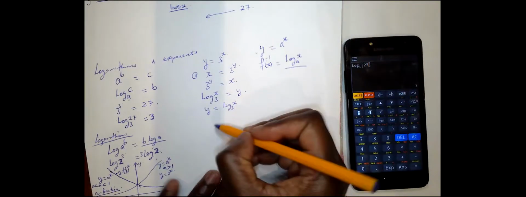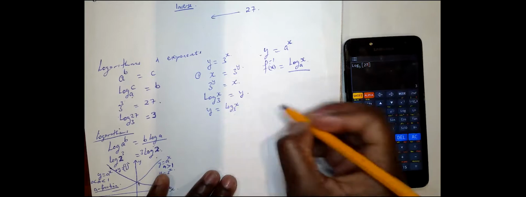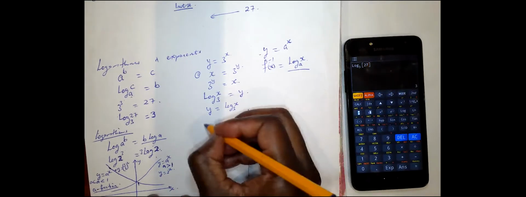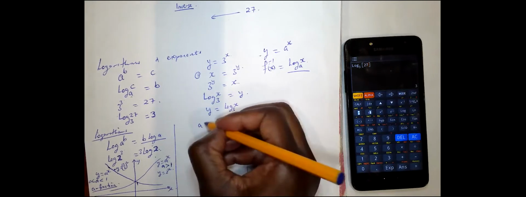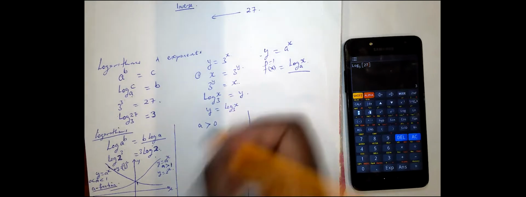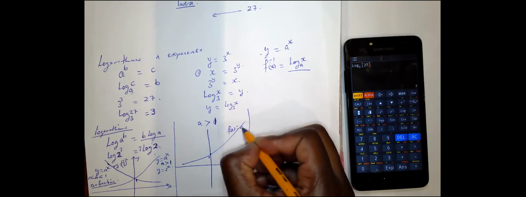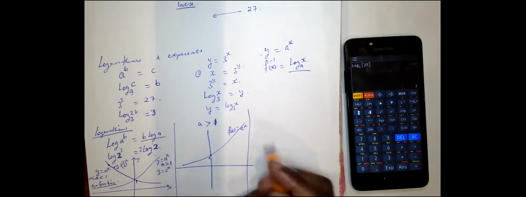Now, the inverse: when a is above 1, what do we expect? We have our f of x like that, equal to a to the power of x. What about the inverse?